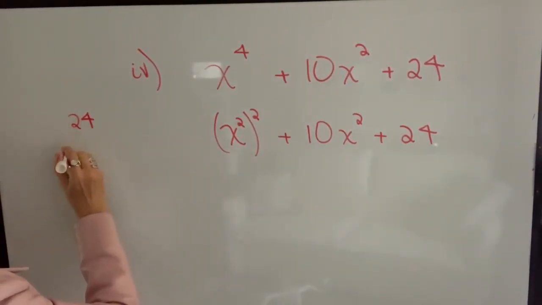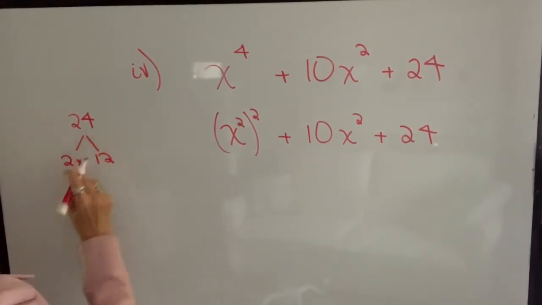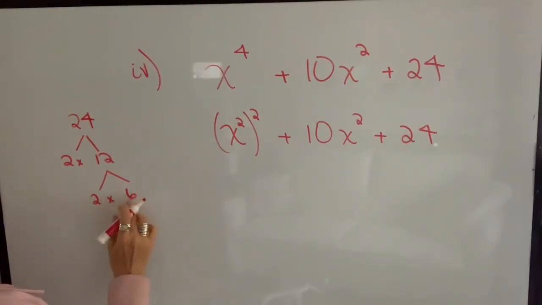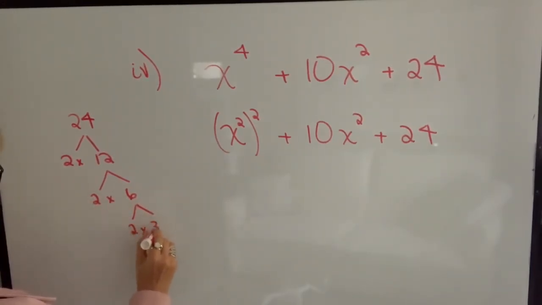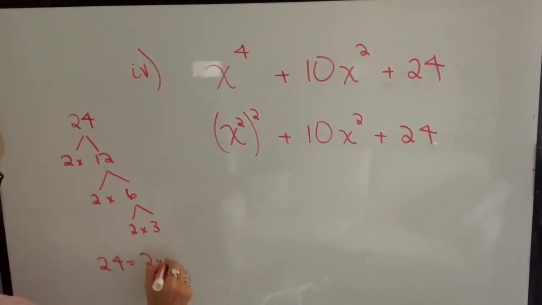So this is equal to 2 times 12. 2 is a prime number, 12 is not, so we break that down. That's equal to 2 times 6. 2 is a prime number, 6 isn't, so we break it down. 6 is equal to 2 times 3. All of these are prime numbers, so 24 is equal to 2 times 2 times 2 times 3.